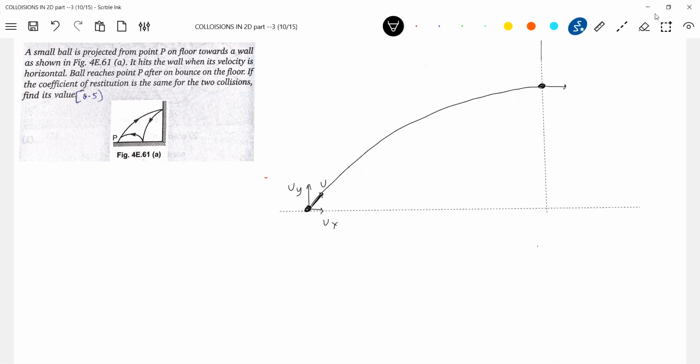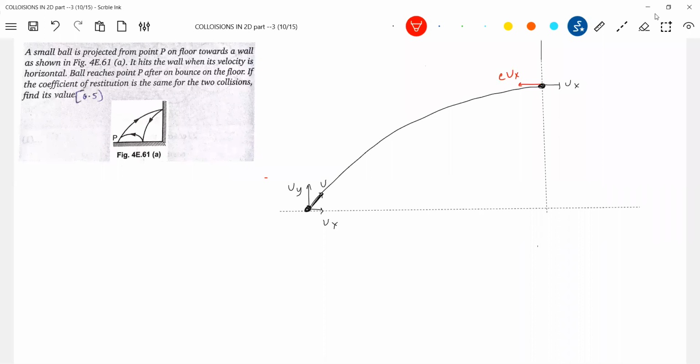So here it will collide, approaching with a speed ux. Then it will rebound with a speed eux. Rebound speed. It will rebound with the speed eux. It is at max.